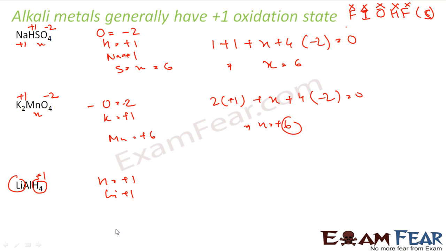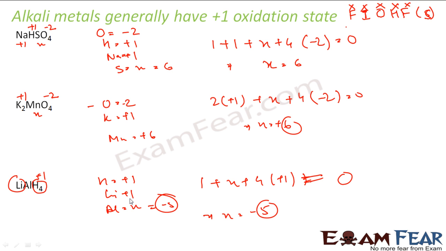So Li is also +1. And Al we'll assume as X. You apply the last rule now. So that is lithium is 1, plus aluminum is X, plus hydrogen is 4 into +1, is equal to 0. We solve this, X is nothing but -5. So aluminum is -5.